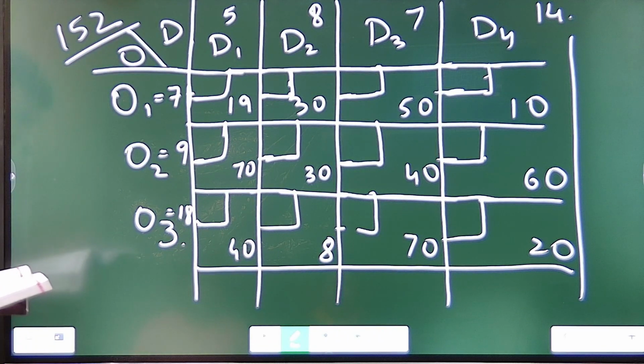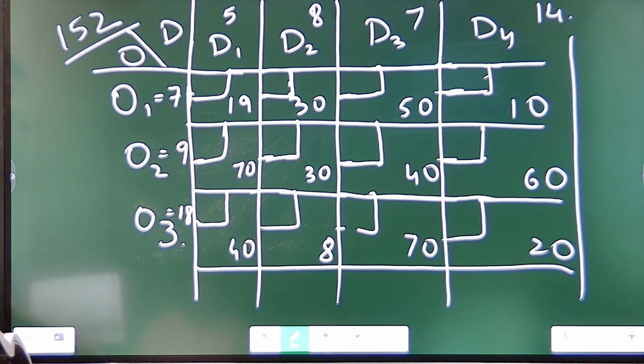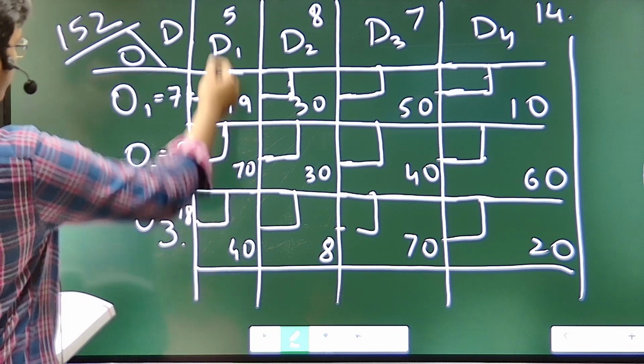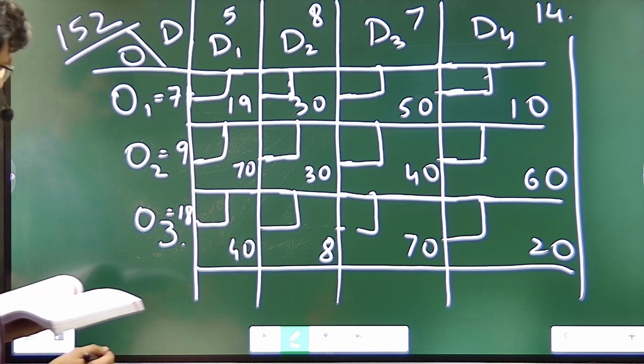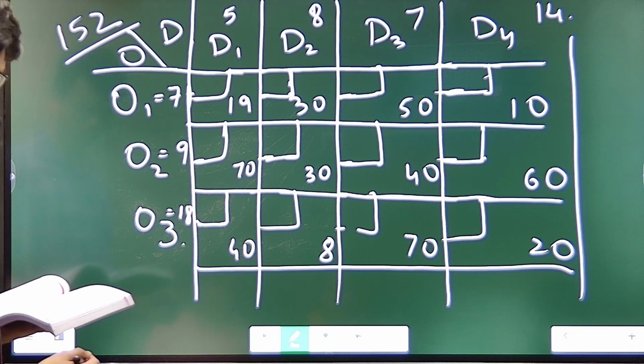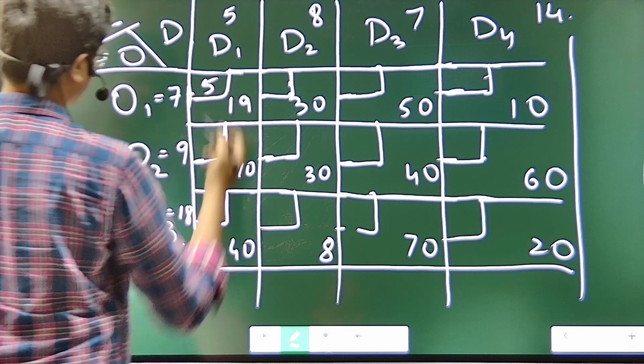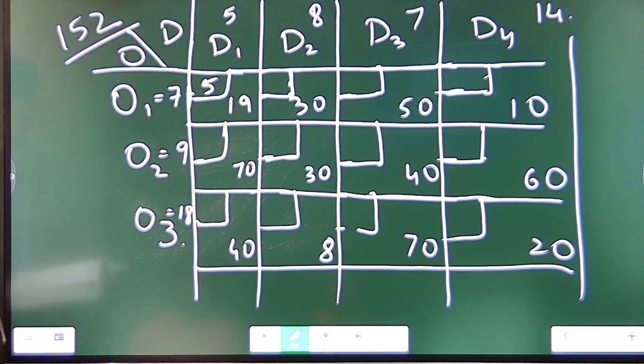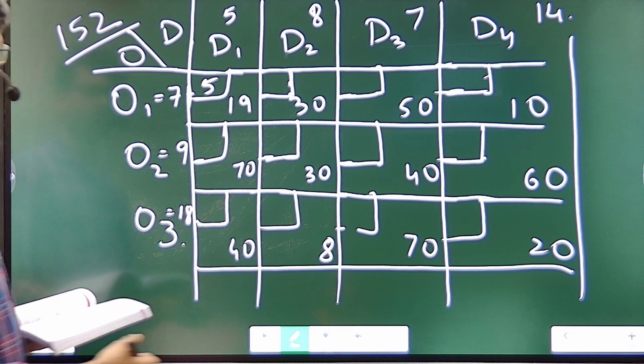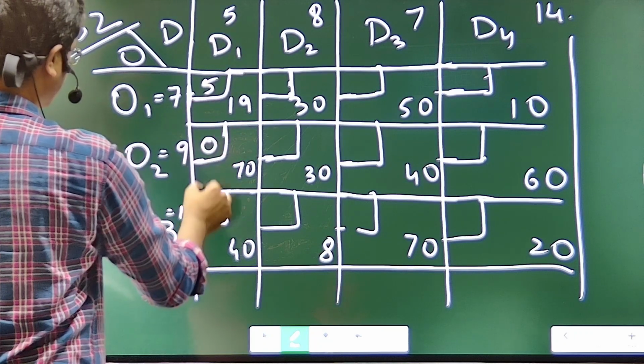Okay, next one is minimum column method. Now this is column, right? Okay. Now out of these 3, which is minimum? 19, right? So we can give all the 5 here. Okay, correct. So 5 is done, so nothing else here.